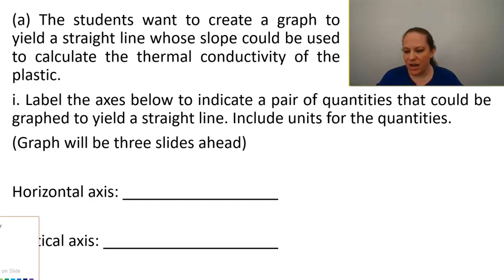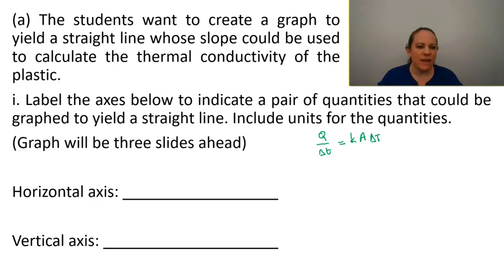Let's take a moment here and note that we do have an equation for the rate of heat flow as a relationship with the conductivity of a material, and that's Q divided by delta t equals kA delta T divided by L. Q divided by the time interval equals the conductivity times the area of the material times the difference in temperature divided by the thickness of the material.